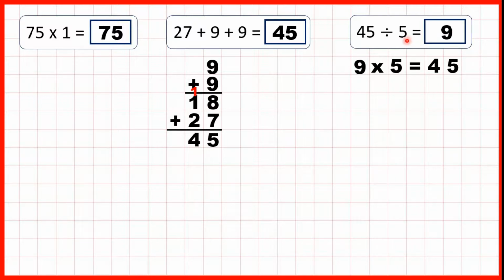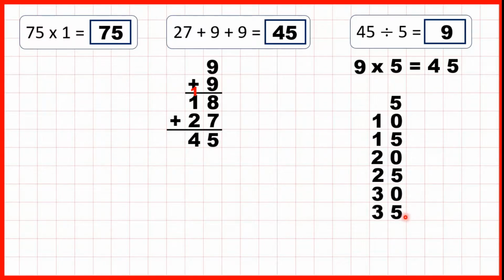If you don't know your times tables, you can count up in steps of the divisor until you reach the dividend. So, counting in steps of 5, we have 5, 10, 15, 20, 25, 30, 35, 40, and the ninth multiple of 5 is 45.